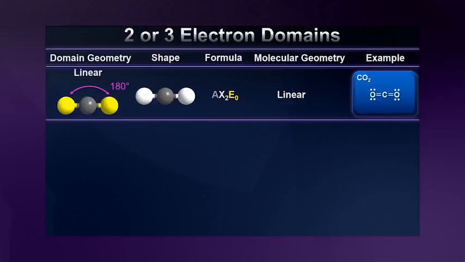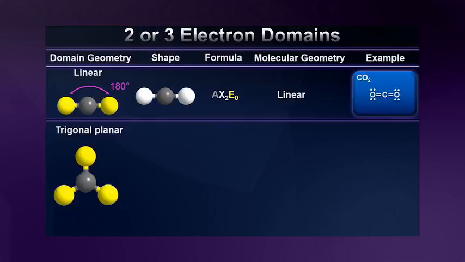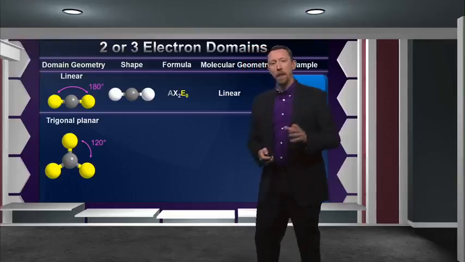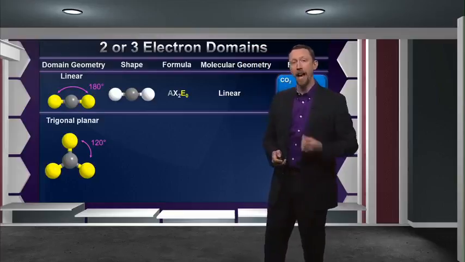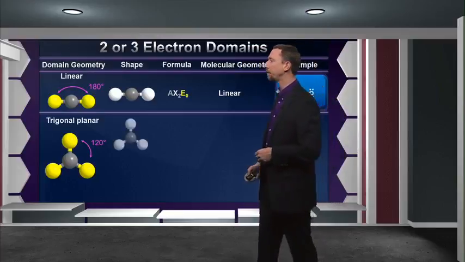When we go up to 3, we find that we have what's called a trigonal planar electron domain geometry, in which all 3 of our domains are, again, as far apart as possible, which leads to an angle among them of about 120 degrees. But now there are 2 potential possibilities here as far as the shape of a molecule is concerned, and it depends upon how many atoms are bonded to that central atom.